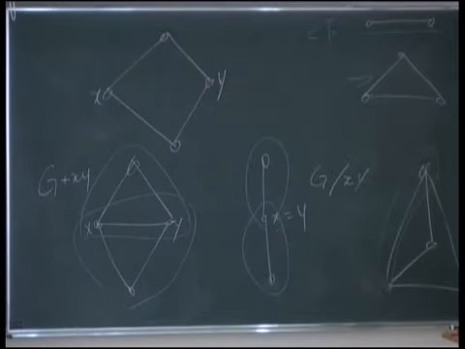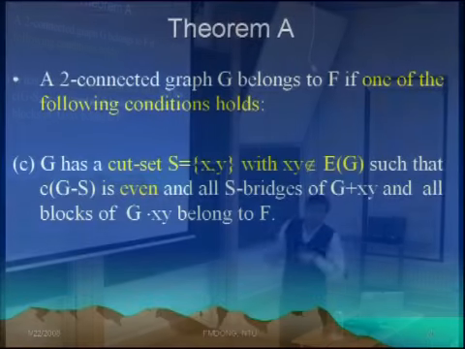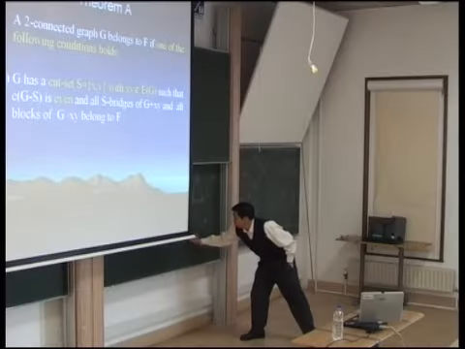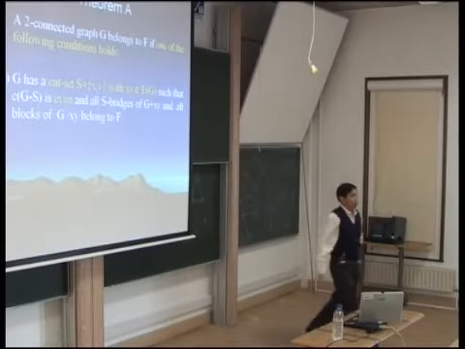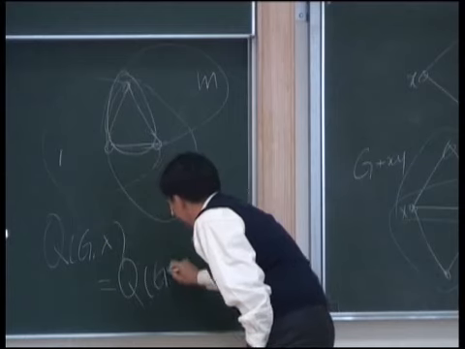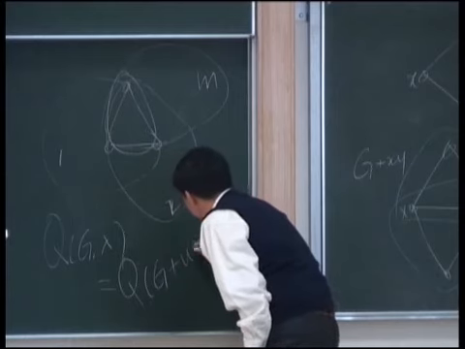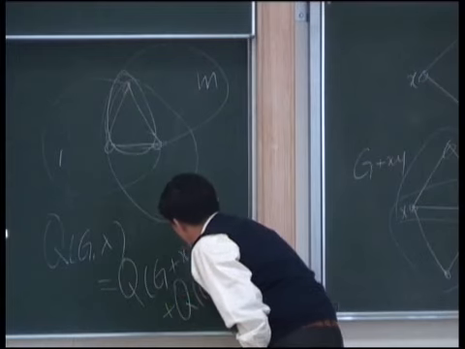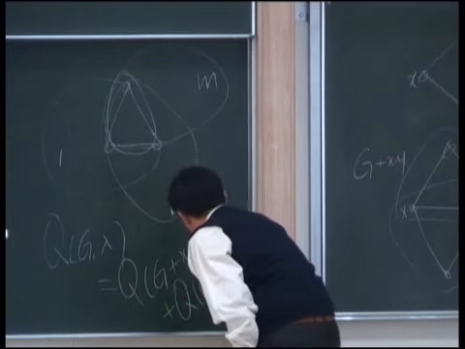So here the condition is such that c(G minus S) is even, the number of components after you remove S is even, and all S-bridges of G plus XY and all blocks of G contract XY belong to F. There are these two conditions. Under these conditions, I can prove that Q(G, lambda) is equal to Q(G plus XY) plus another function Q(G contract XY).